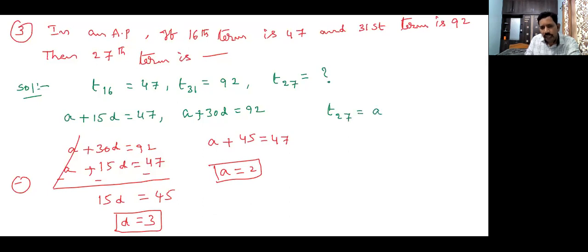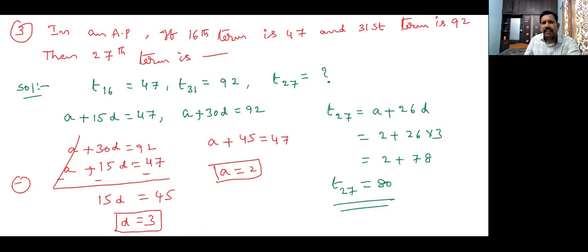T27 means A plus 27 minus 1, 26 into D. A value is 2, 26 into D means 3. Now calculate this. 26 3s are 78, plus 2, totally 80. T27 is 80.